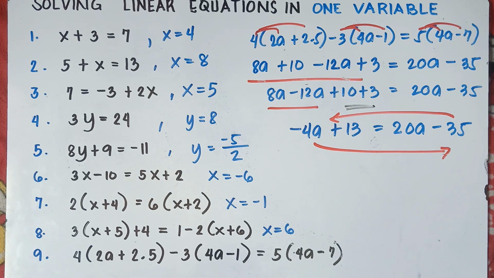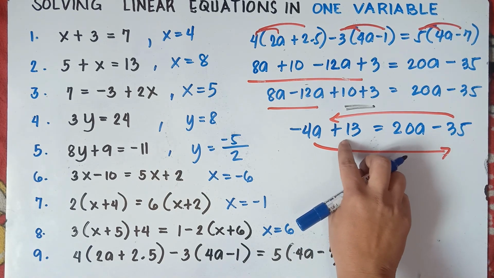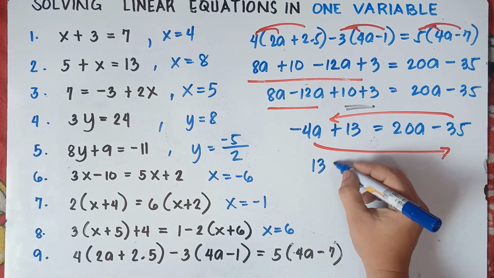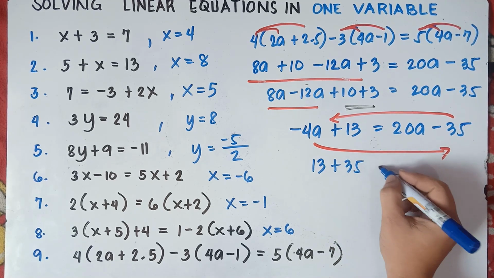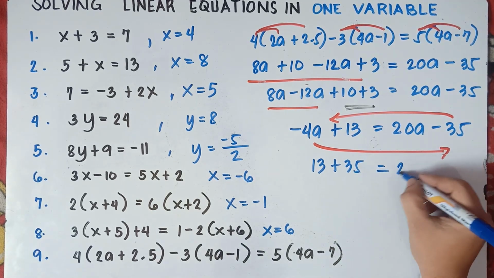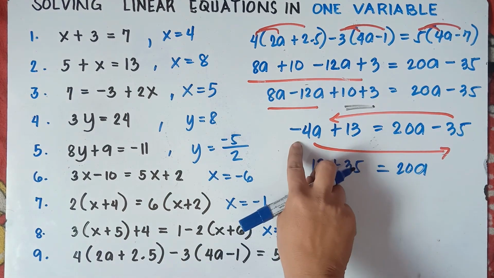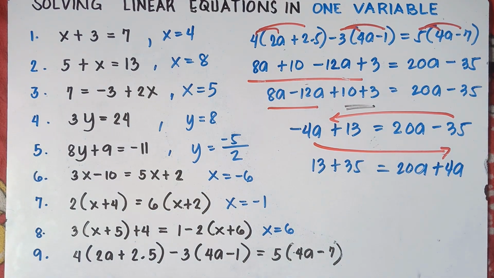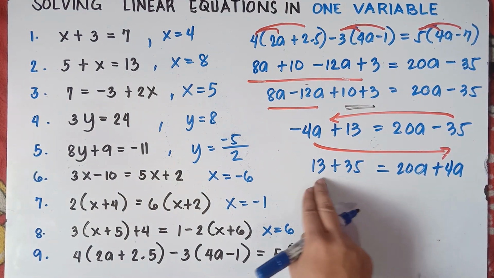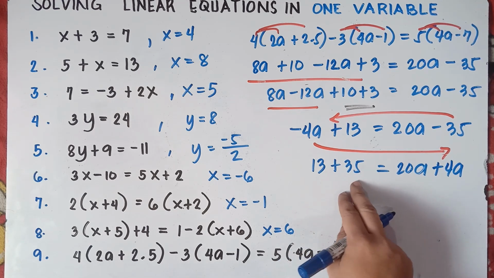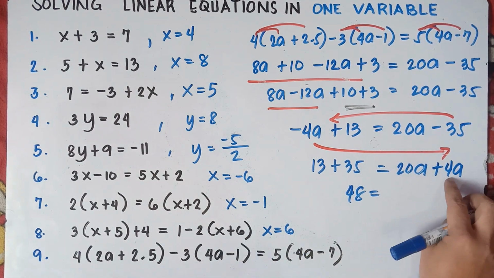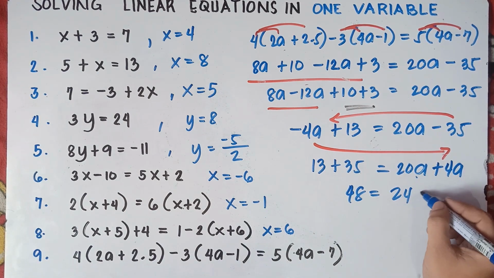So copy 13. This is negative 35, it will be positive 35, equals 20a. This is negative 4a, transpose this one, it will be positive 4a. Alright. Combine this one. 13 plus 35 will be 48. 48 equals 20 plus 4, 24, copy a.